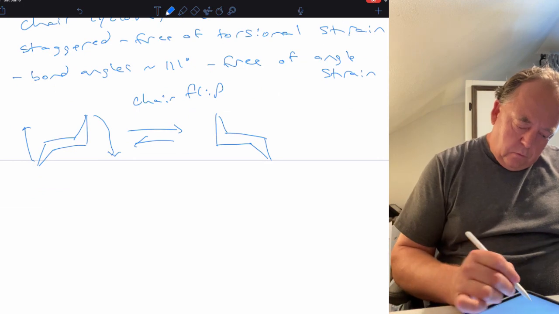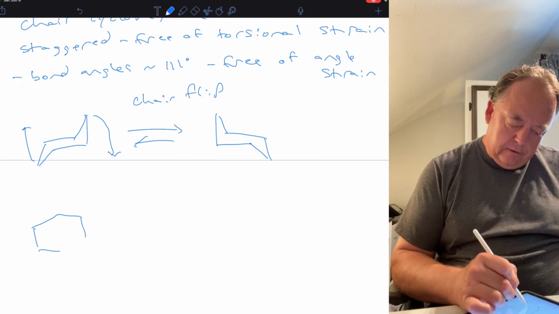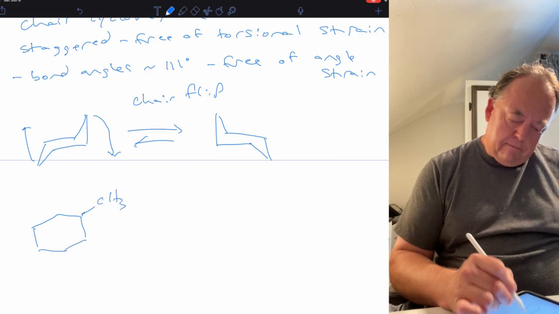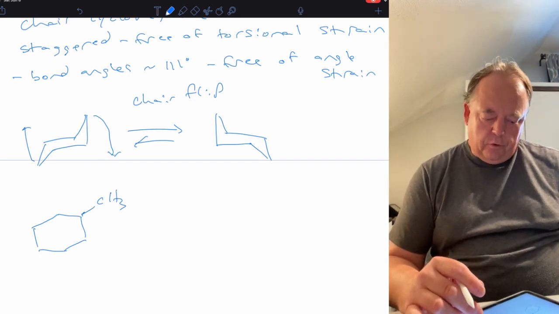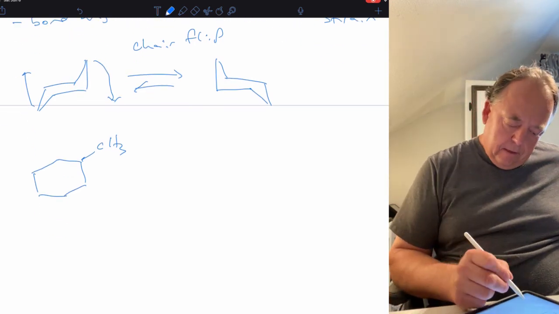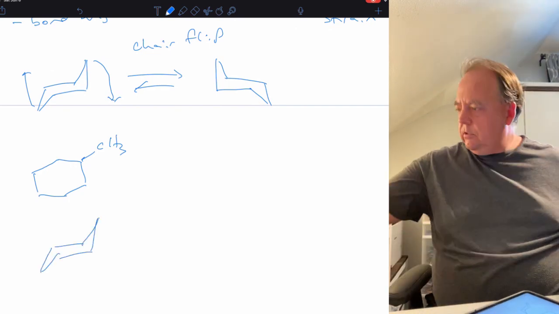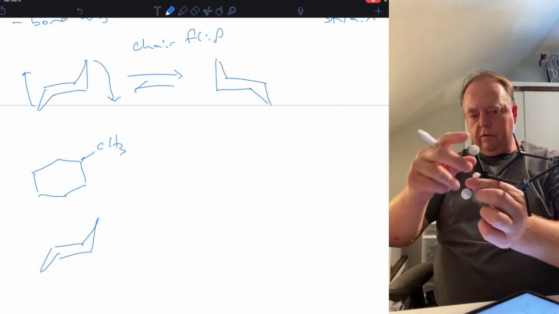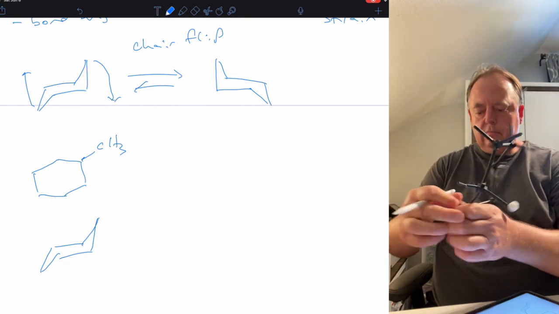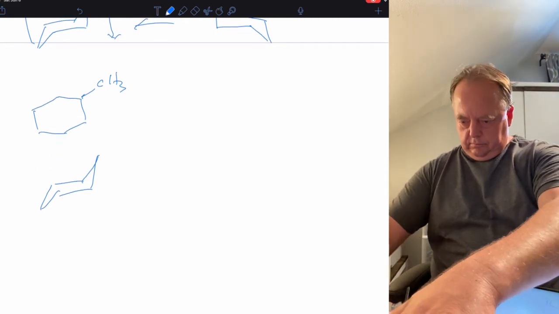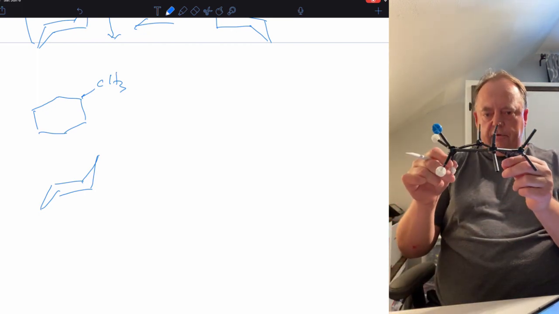Okay, but what if it's not just cyclohexane? What if there's something attached to cyclohexane? Maybe it's something like methylcyclohexane, or it could be a chlorine or a bromine, just anything attached, an ethyl group, an isopropyl group, doesn't matter. So if we take the cyclohexane and take off one of these and put something else there, say a blue atom, I take my cyclohexane and put it back flat again.